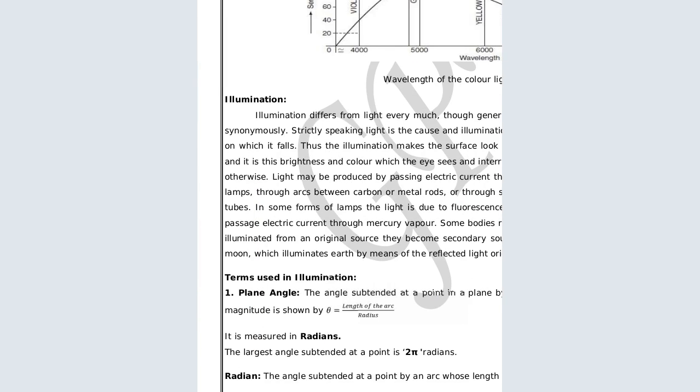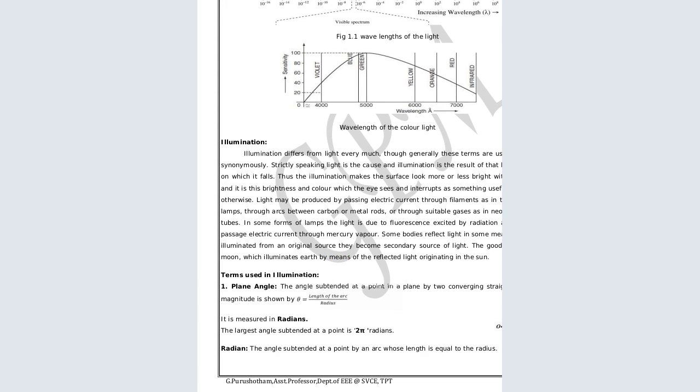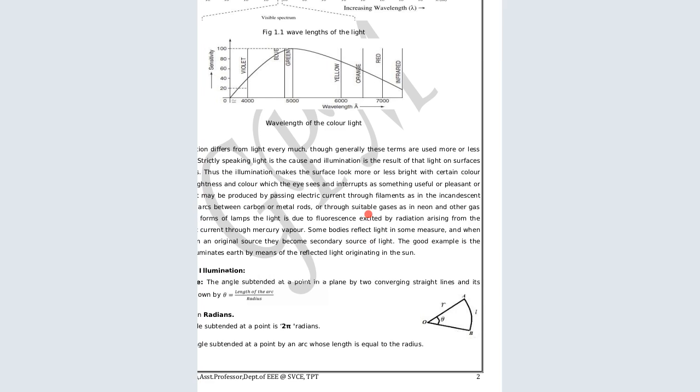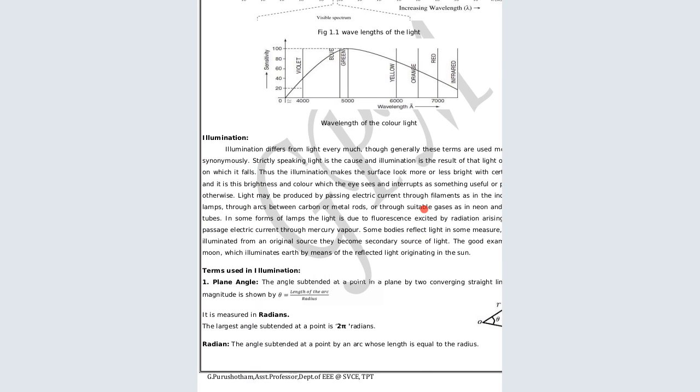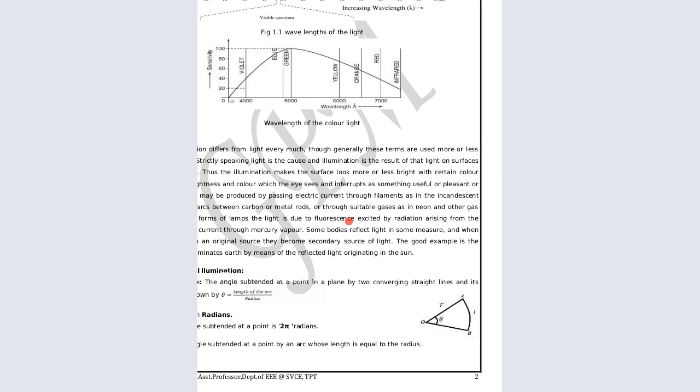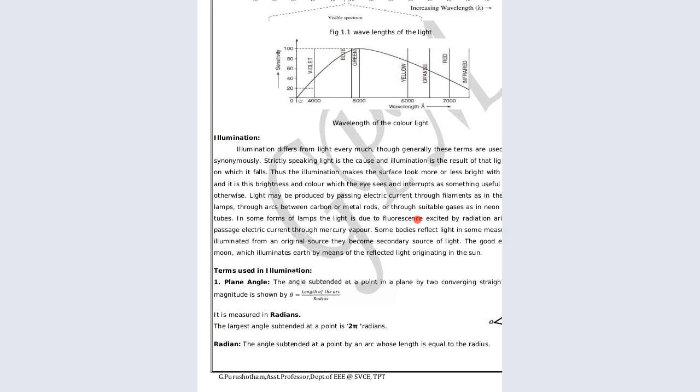Now we want to start the calculations of illumination. Illumination differs from light very much, though generally these terms are used more or less synonymously. Strictly speaking, light is the cause, and illumination is the result of the light on the surface on which it falls.